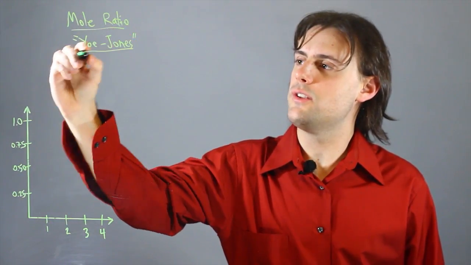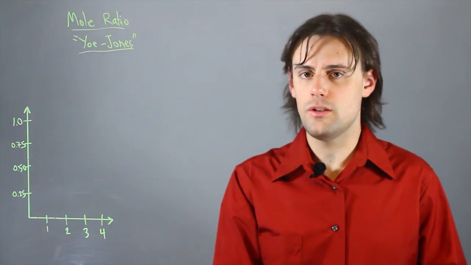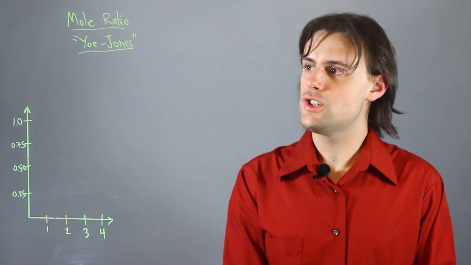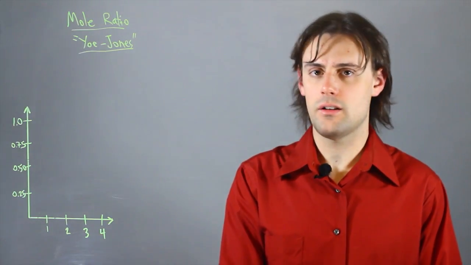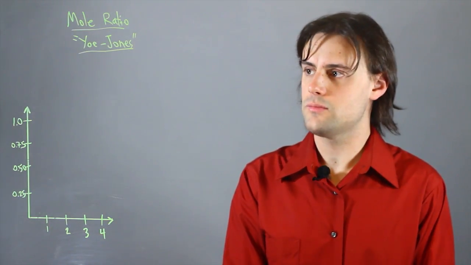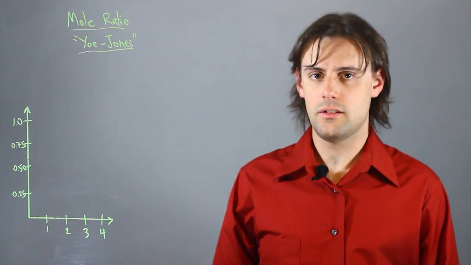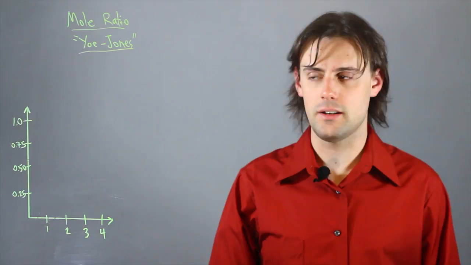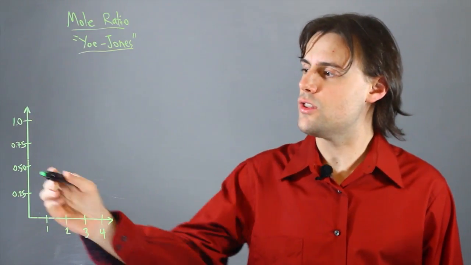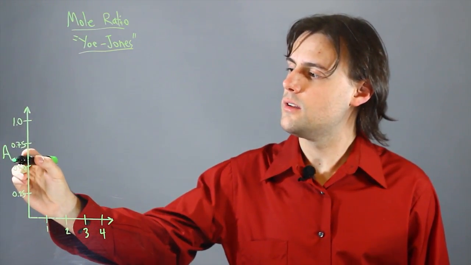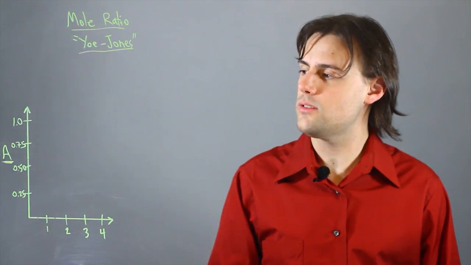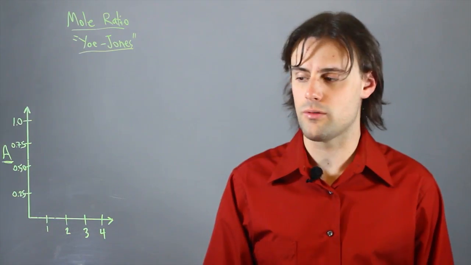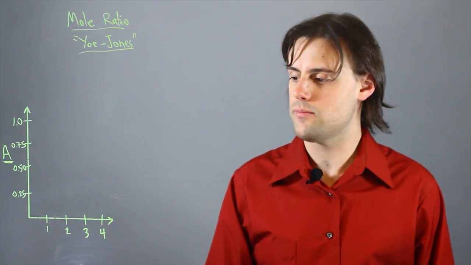Essentially, you prepare a series of solutions in which you take one of the reactants to be constant while you vary one of the other reactants, and then you measure the absorption of light, the absorbance of the solution, as a function of the ratio of reactants in that solution.